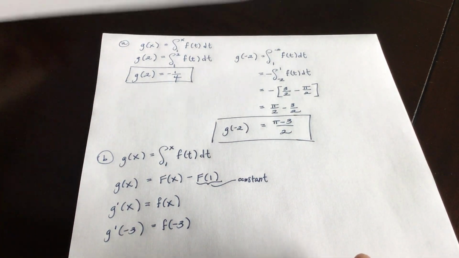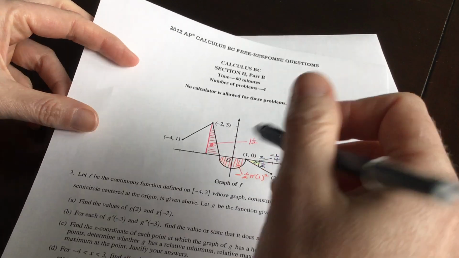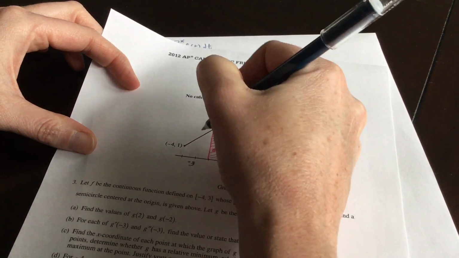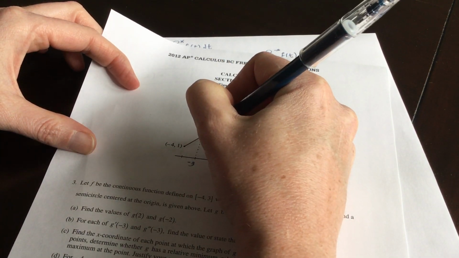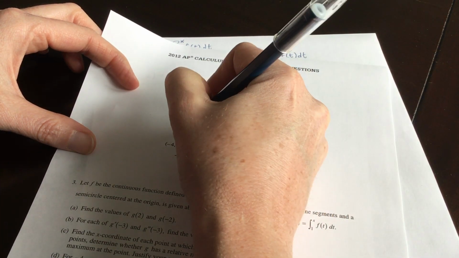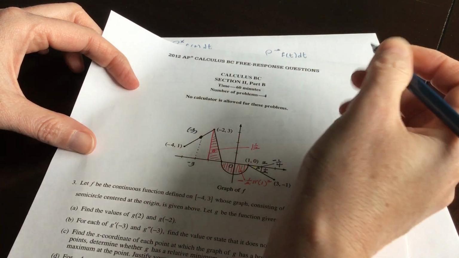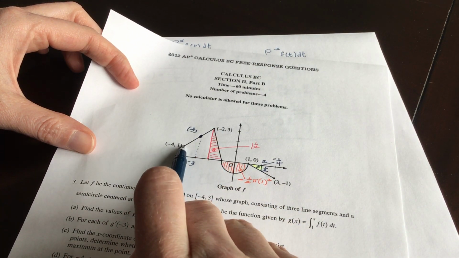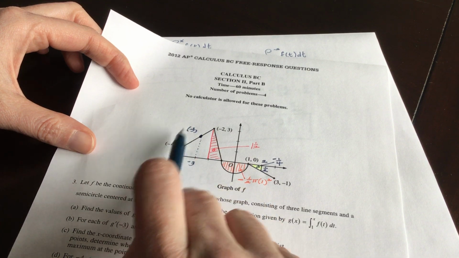Okay, so let's bring our picture back here. This is the graph of f, so here's negative 3. Since this is the graph of f, f of negative 3 just means what is that y coordinate right there. So let's think about the slope of this line. This line, you would go up 2 and then over 2.